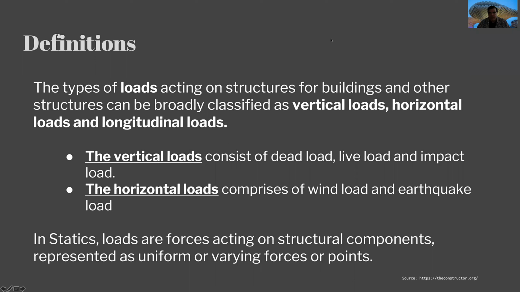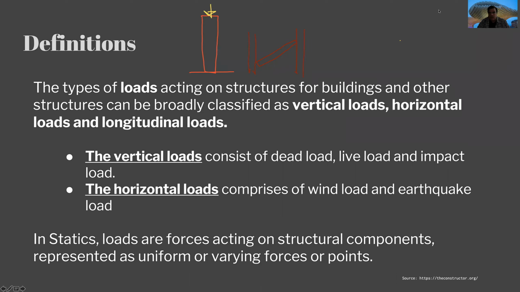First, if we have, for example, a column and we apply a load on the superior part of this material, we'll be speaking about a vertical load. This load can be distributed along the material and will produce a longitudinal load. That will happen also, for example, if we have an element like a bar that is supported and is part of another structure.